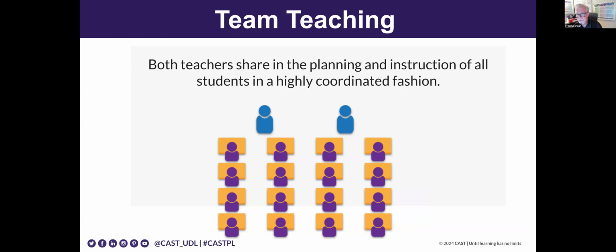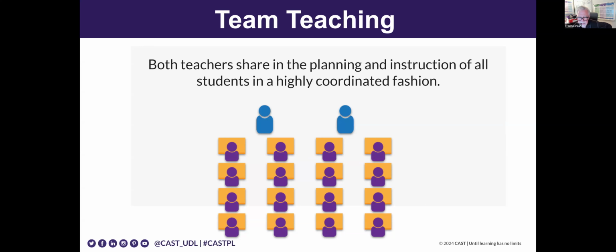I like this one especially, team teaching, where both teachers share in the planning and instruction of all students in a highly coordinated fashion. Wow. That's the two teachers in the front of the classroom with all students, so that they have the presence of both teachers there.